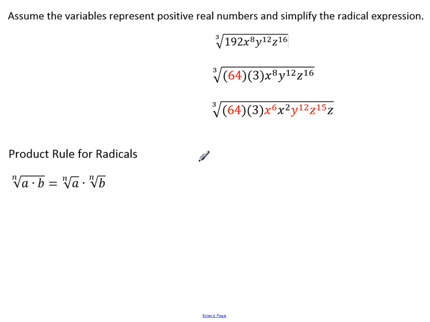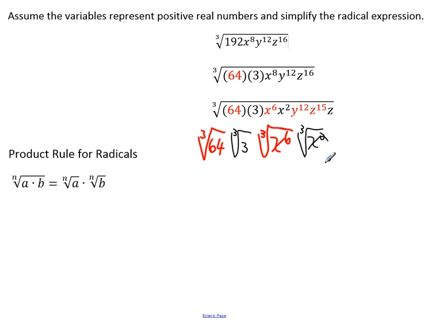Let's see, the first radical would be the cube root of 64. I know that one. The next radical would be the cube root of 3. That one is irrational. I can't really tell. The next one is the cube root of x to the 6. That one I know the cube root of. And the next one is the cube root of x squared.